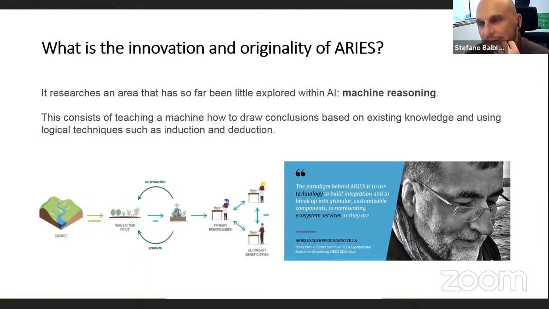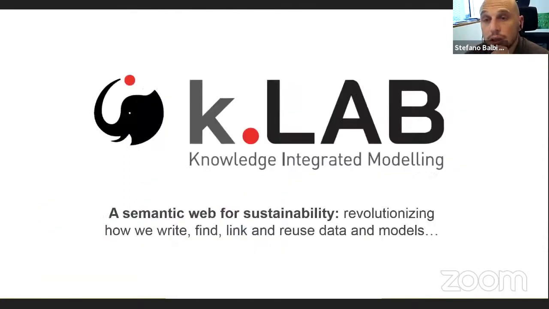Basically, with semantics and machine reasoning, we are telling machines how to compose models from data and modeling components that are in need of integration. So ARIES is a project on ecosystem services, but in developing ARIES, we have in fact developed a technology for the integration of data and models. So what I'm going to explain today is the k.LAB software.